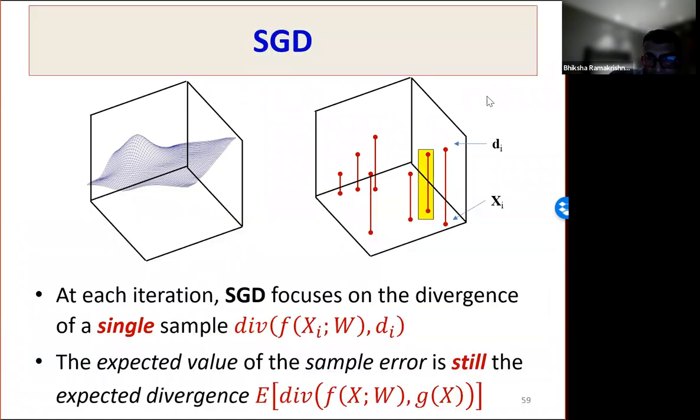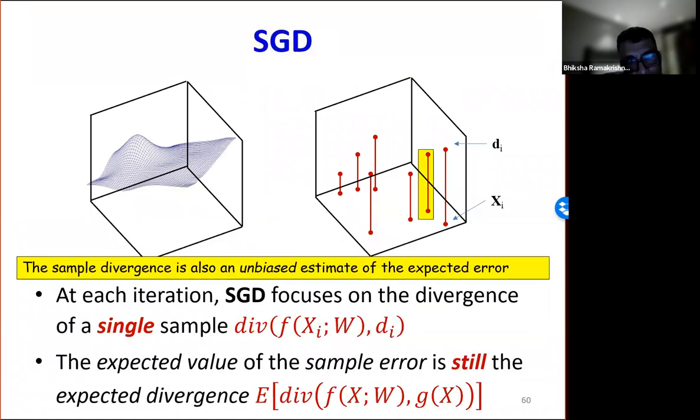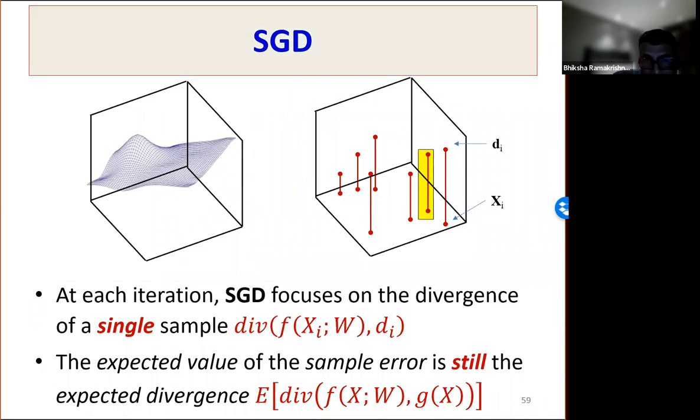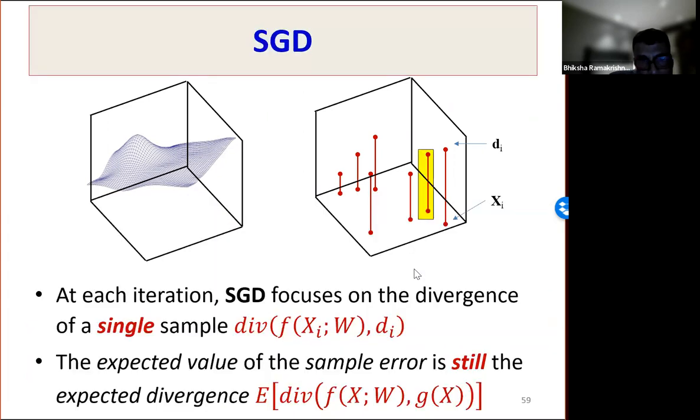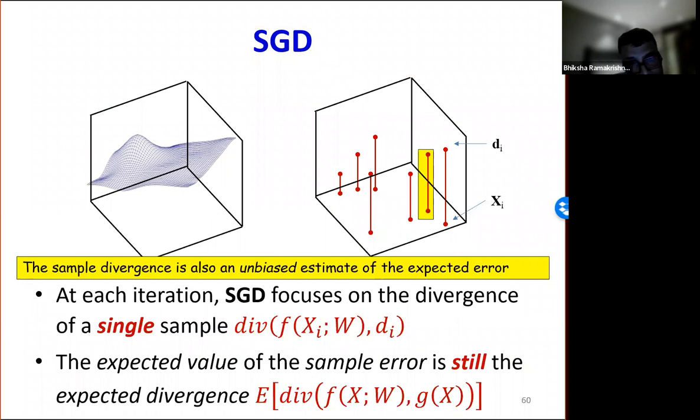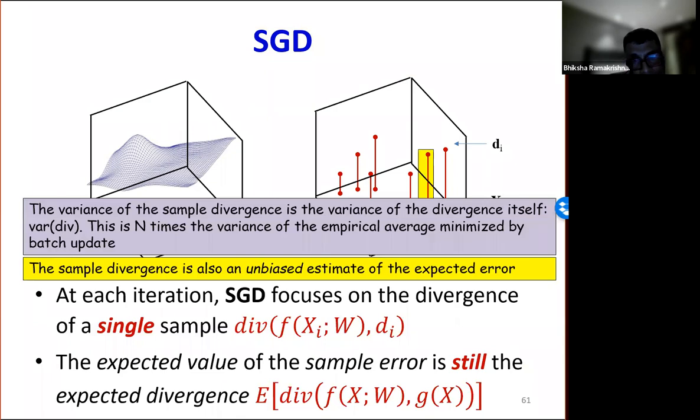Okay. Now, how does it affect us? When I perform SGD with a single sample, my training set size is just 1, and so n is going to be 1 over here. So the variance of the loss that we get is going to be simply the variance of the divergence itself. And so the sample divergence is an unbiased estimate of the expected divergence, and the variance is also going to be the variance of the divergence.